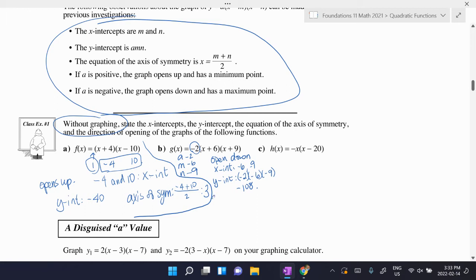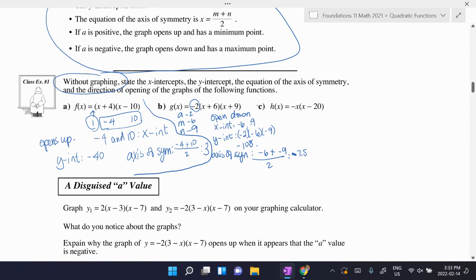And the axis of symmetry, I'm just going to add those two together. -6 plus -9 divided by 2. So negative 15 divided by 2 is equal to negative 7.5.